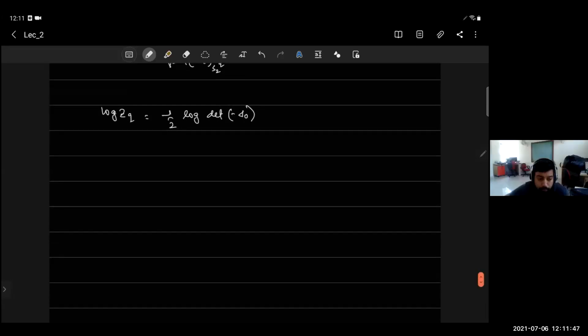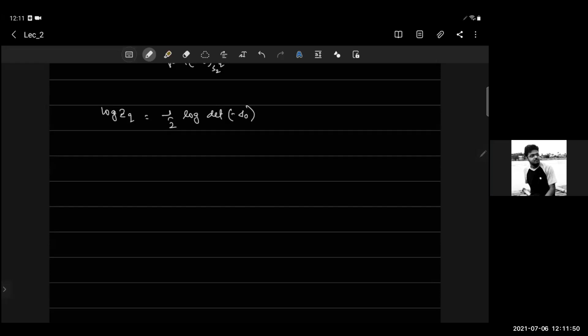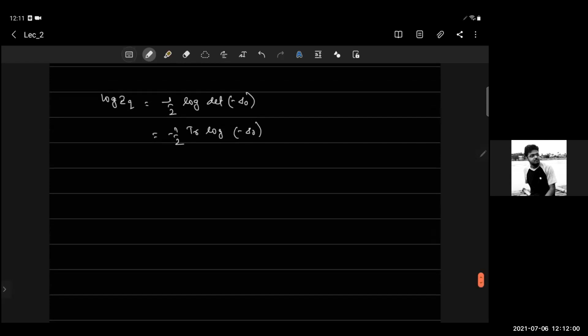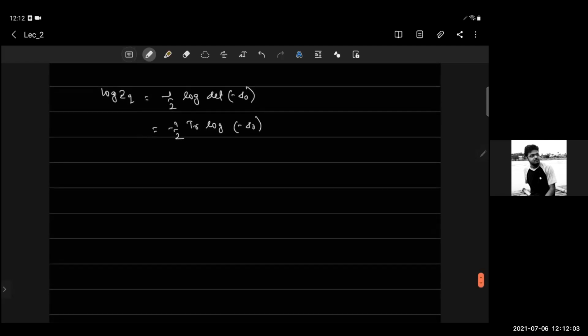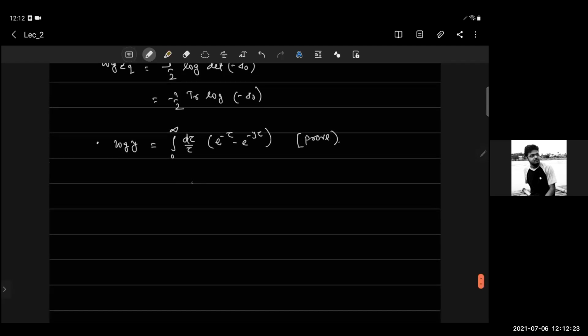Yeah, no, perfect. Great. So now you use the log of the determinant as the trace of the log, an identity from linear algebra: trace of log of delta C. Now I'm using another identity: log of y is written as the integral from 0 to infinity of d tau over tau times exponential of minus tau minus exponential of minus tau y. Try to prove it; I'm giving you hints.